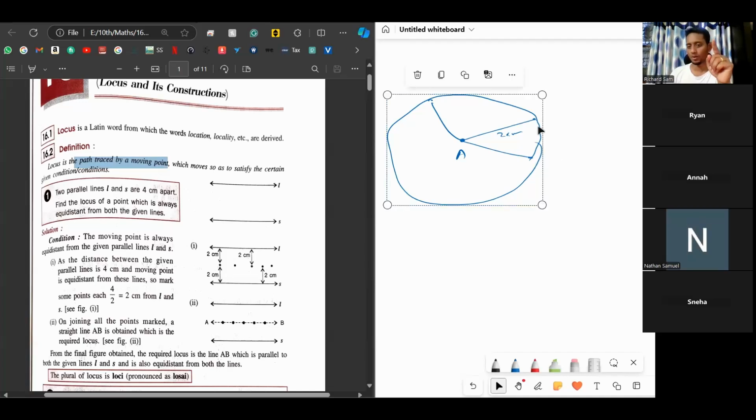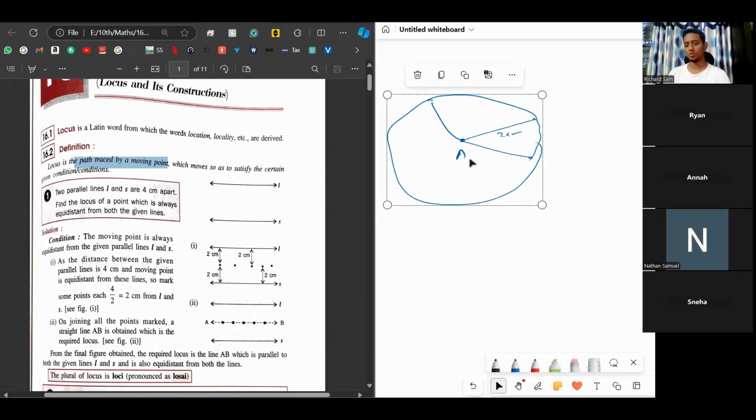So these are the points, and the path that I make by tracing all the points is called the locus. Suppose I have 10 points. If I join all those 10 points, that is a locus. And these points will satisfy the condition. Here, what is the condition of this point? It should be 2 centimeters away from A. Right? Do you understand the meaning of locus?